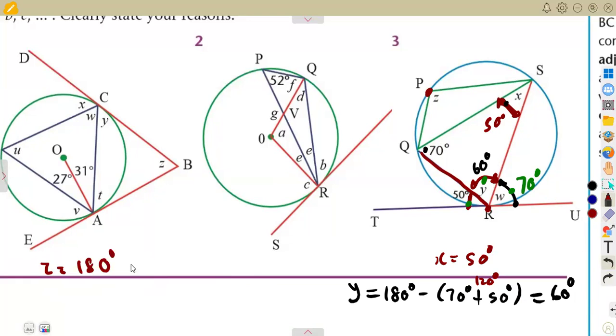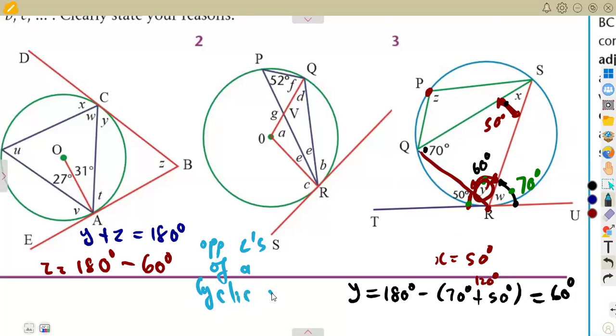So angle Z is going to be 180 degrees minus 60 degrees at Y, because these two angles add up to 180 degrees. If you add angle Y plus angle Z, you must get 180 degrees. These are opposite angles of a cyclic quadrilateral. So we obtain our angle Z: 180 minus 60 is going to be 120 degrees.